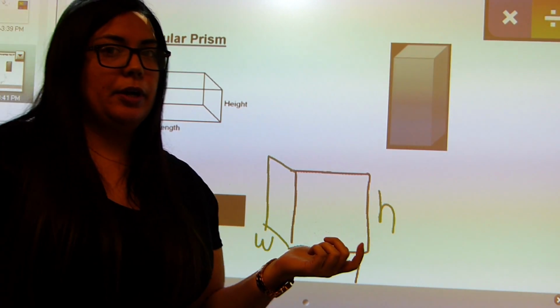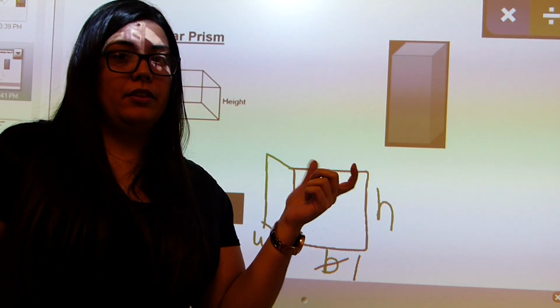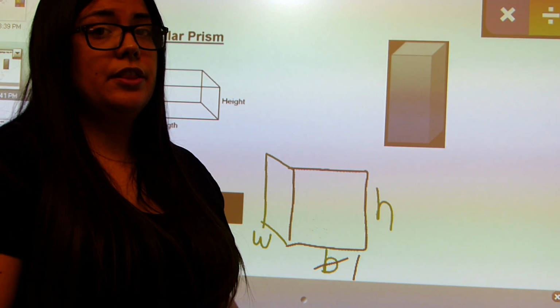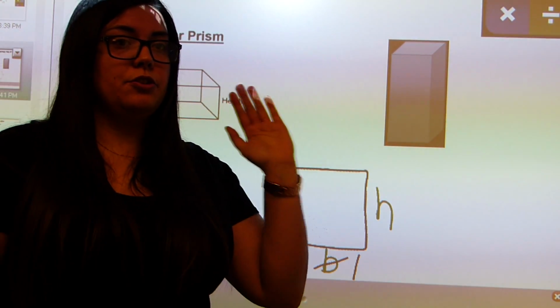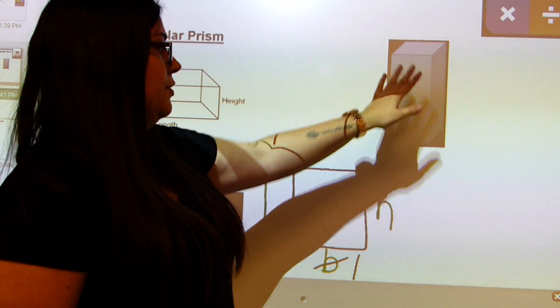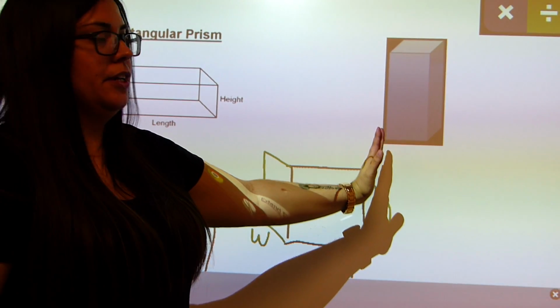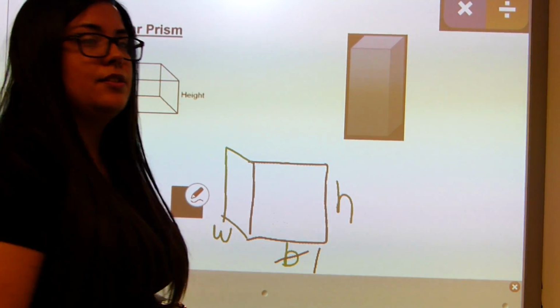The one thing about rectangular prisms is you can actually change the length and the width. They don't always have to be the exact same. They are interchangeable. The one thing you do have to know is the height. The height is always going straight up. So let's label this rectangular prism over here. This part is going straight up, so that tells you right away that's the height.